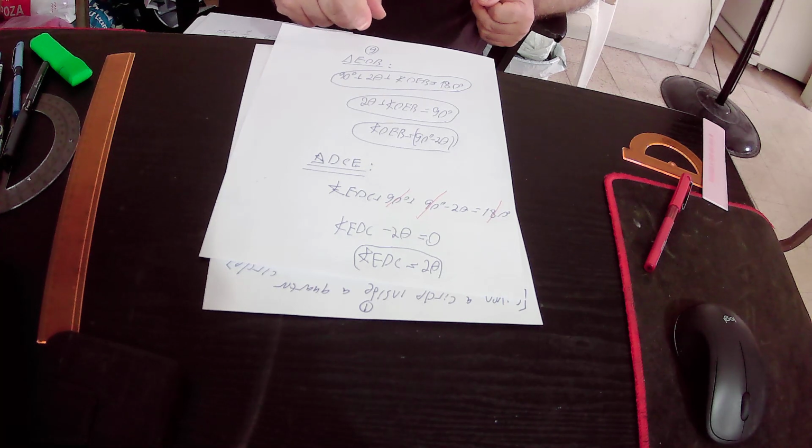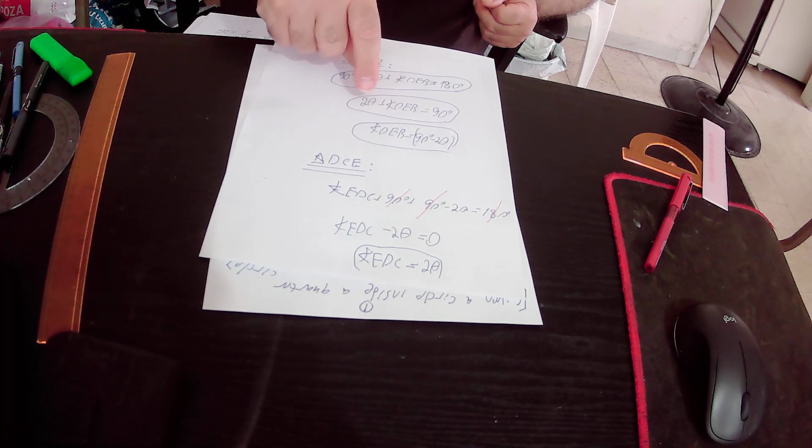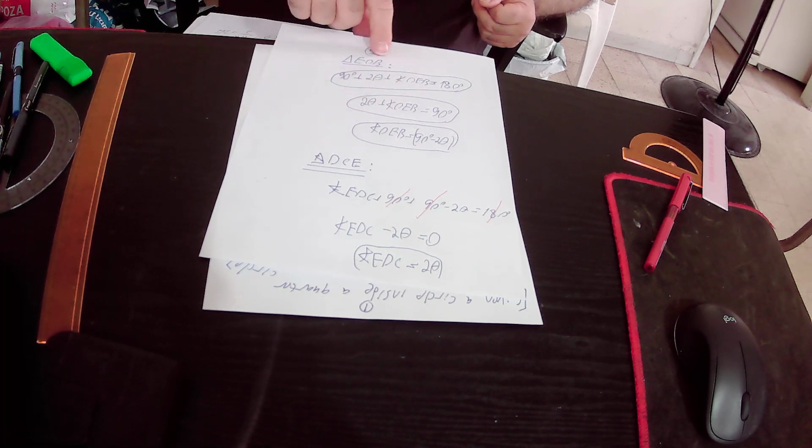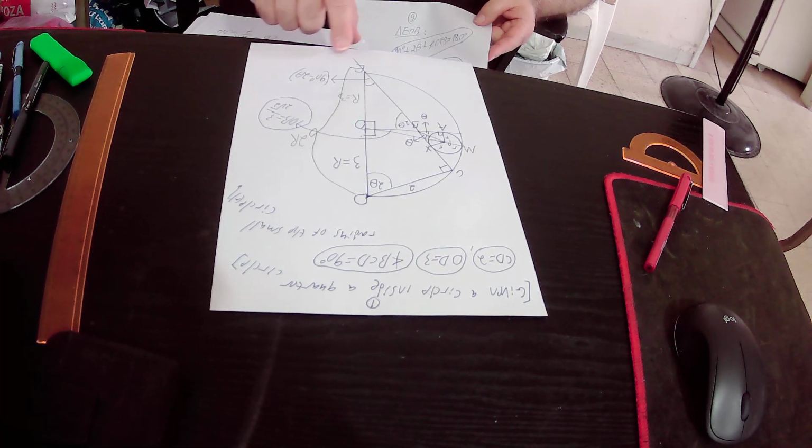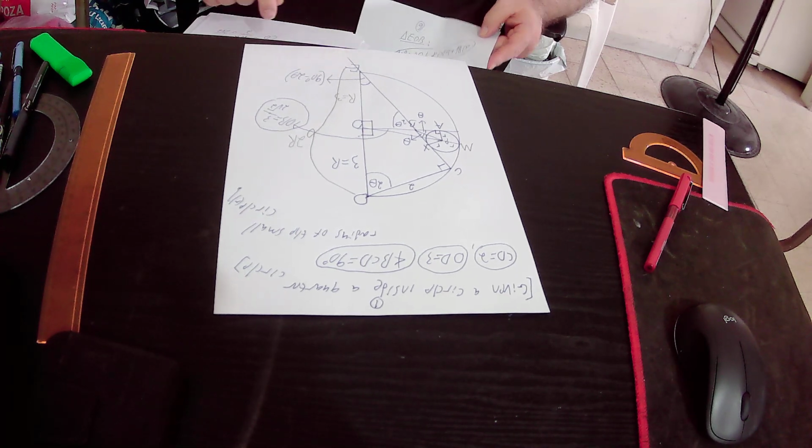Here we subtracted 90 degrees from this equality, and we got that 2 theta plus angle OEB equals 90 degrees. We subtracted 2 theta from this equality, and we got that angle OEB equals 90 degrees minus 2 theta. So this angle equals 90 degrees minus 2 theta.